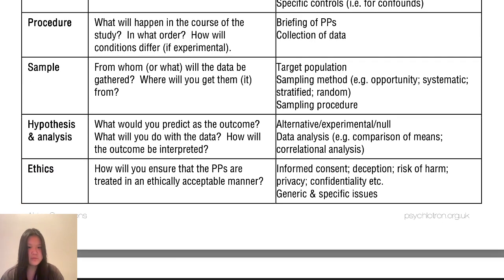Then hypothesis and analysis. What will you predict as the outcome, what will you do with the data, and how will the outcome be interpreted? What you have to specify is alternative, experimental, null, and then data analysis: comparison of means, correlational analysis.